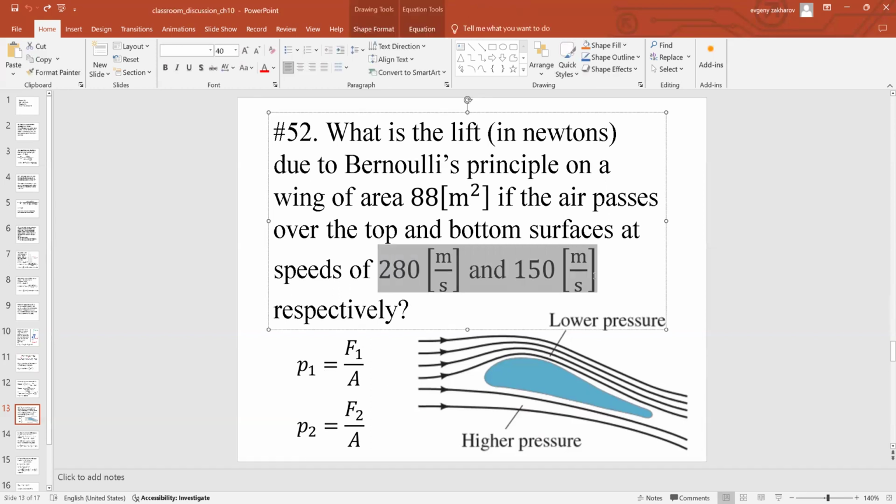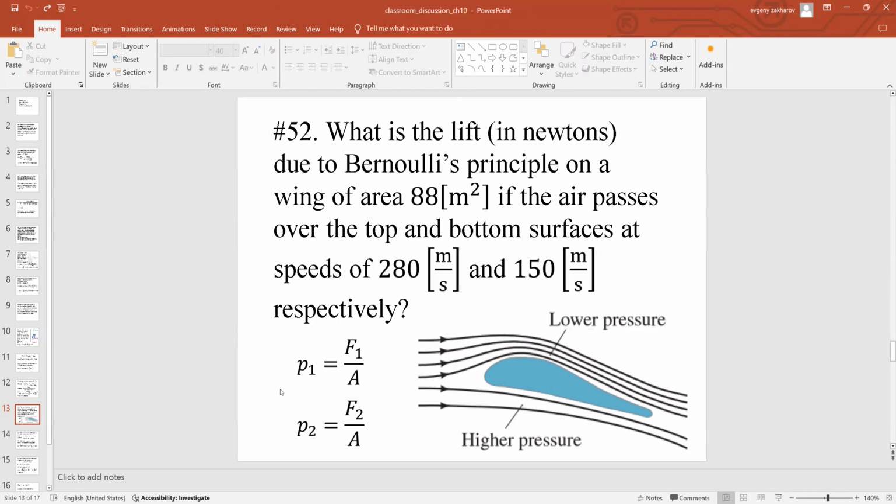So speeds are actually given. You have 280 on top and 150 at the bottom. Let's figure out how much uplift we're going to get. Remember the definition of pressure: it's force per area. So you have some pressure on top, which is the force over the area on top, versus the force at the bottom.